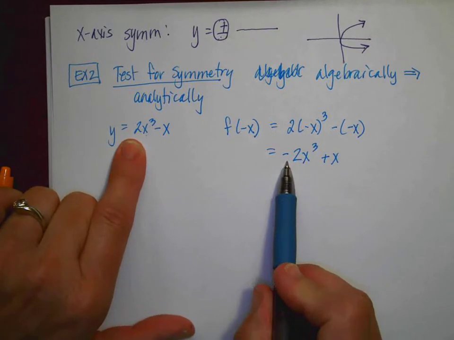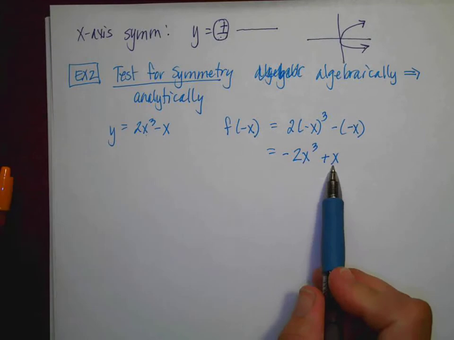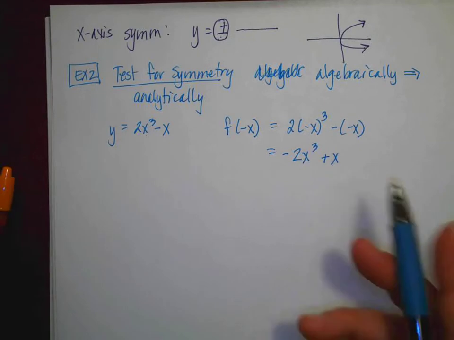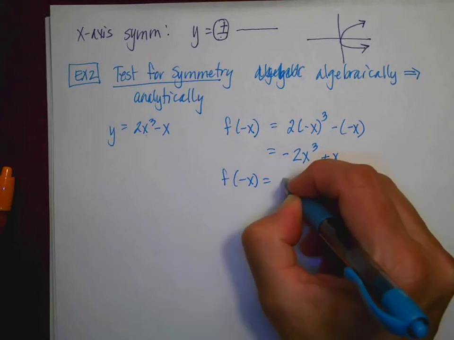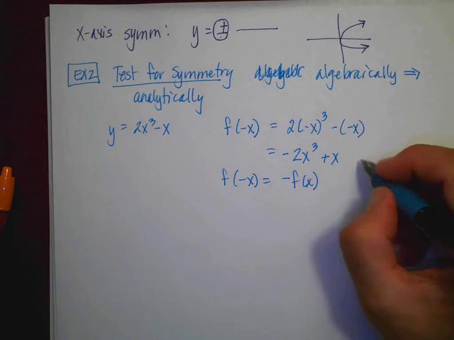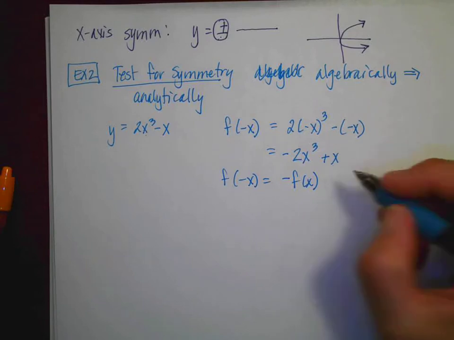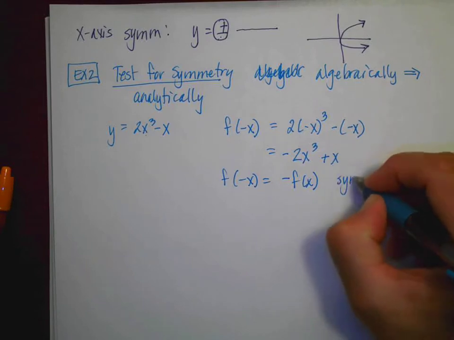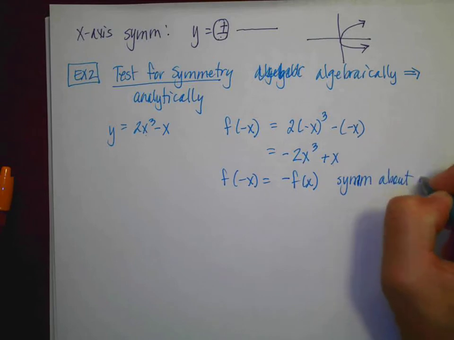In the original function, the 2x cubed was positive, now it's negative. The second term was negative, now it's positive. All of the signs have changed, so therefore we would say f of a negative x is equal to a negative f of x, and then we can say, I'm sorry, I was just looking at my math, and I think I'm right, that this is symmetric about the origin.